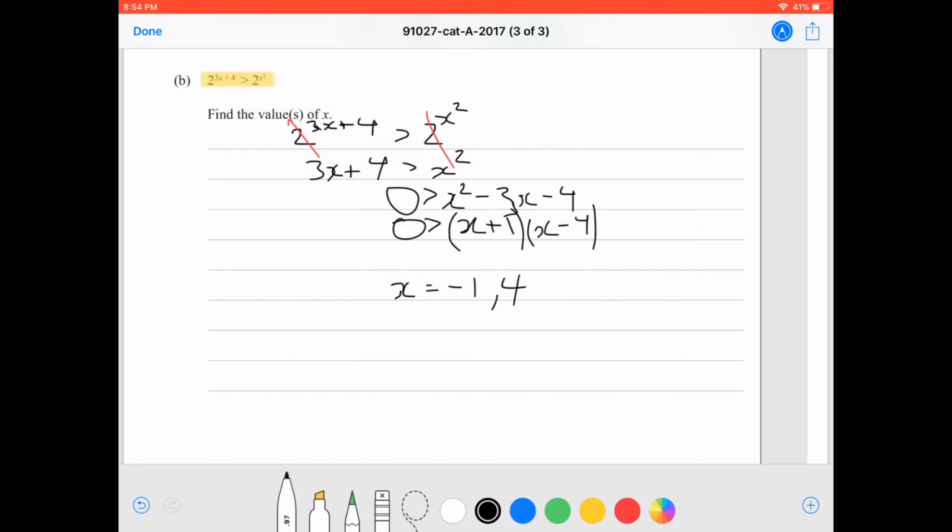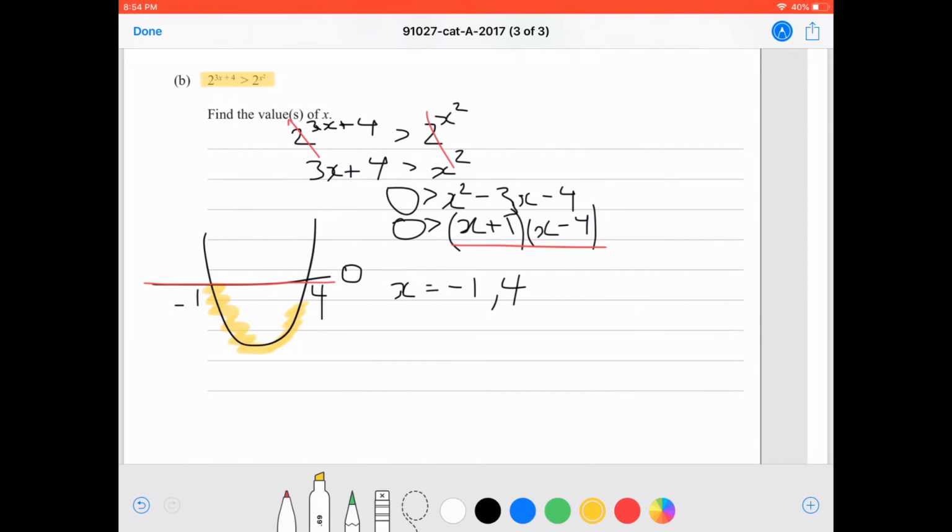And let's draw it, okay? It's a positive parabola. And our roots are minus 1 and 4. This horizontal line represents 0, y equals 0. And if we're looking for the values where this function is less than 0, then it's this region here, isn't it?